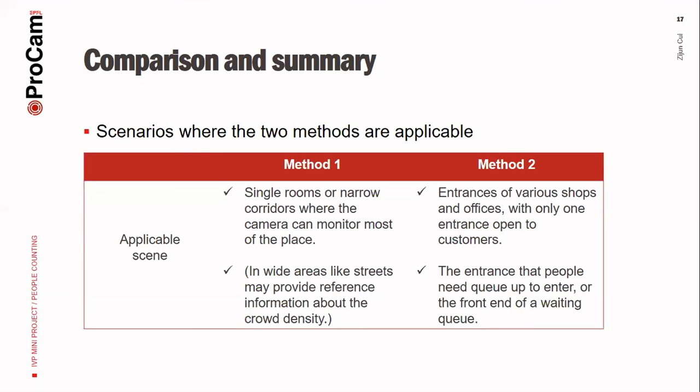But I think it may also be helpful in crowd density analysis if it is used in a kind of wild area. For the second method, the entrance or the front end of a waiting queue can also be suitable application scenarios.